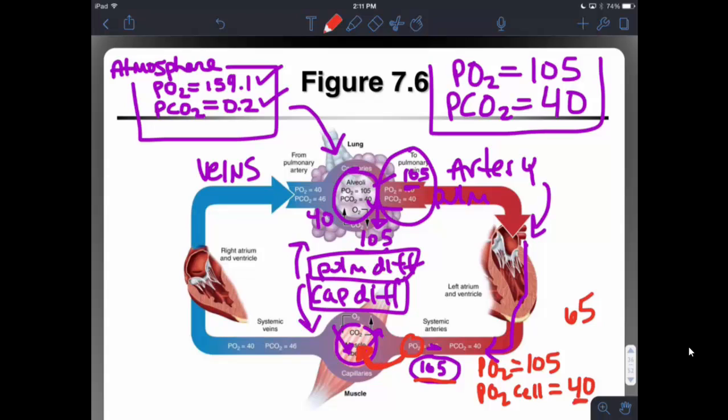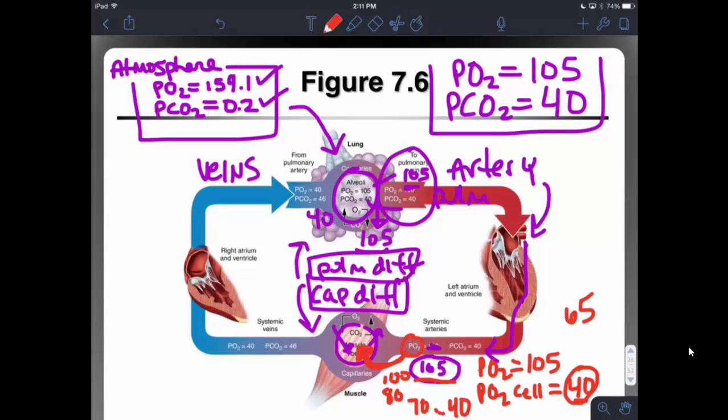Okay. So it's going to be 105. It's going to leave the blood. As it leaves the blood, it's going to drop to 100, it's going to drop to 80, it's going to drop to 70, etc. Once it drops to 40, it's going to equilibrate. We're not going to have a pressure gradient anymore.